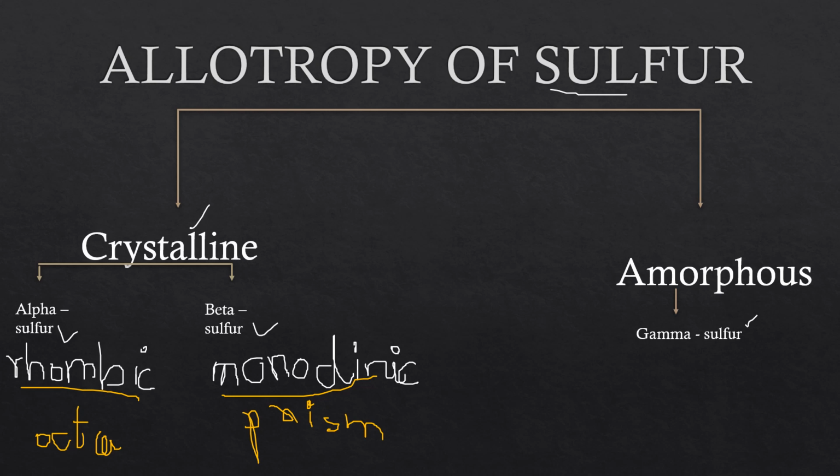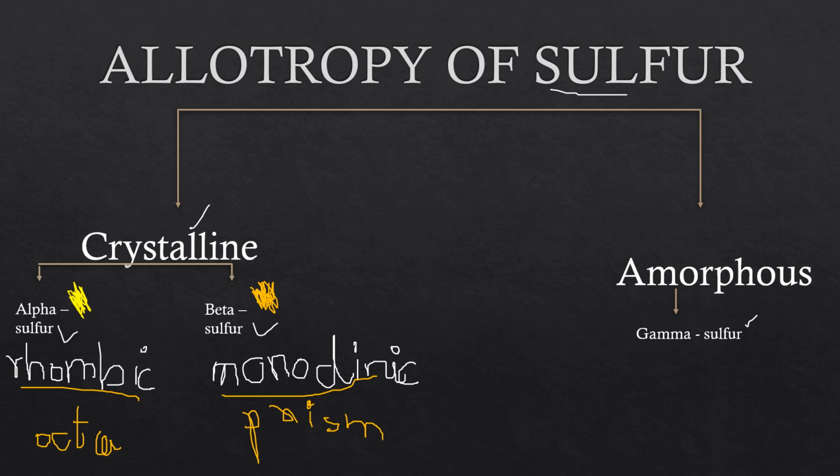Now if we talk about the physical and chemical properties, the alpha sulfur has a pale yellow color, and the beta sulfur has a dark golden color. So that's also a difference.